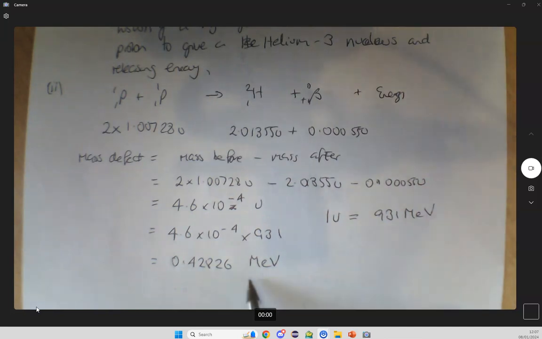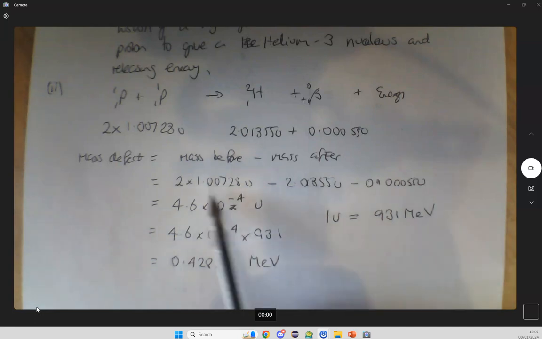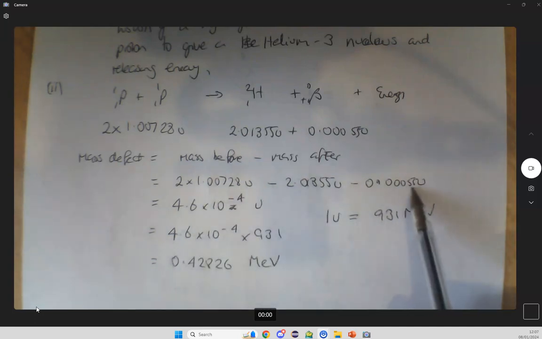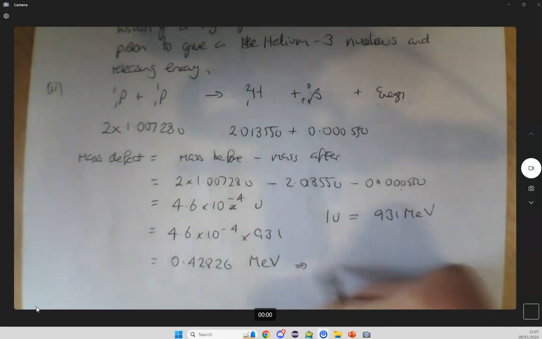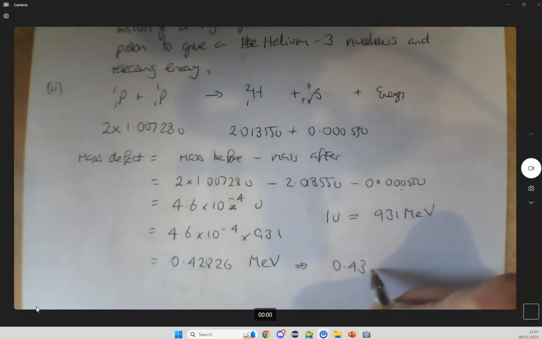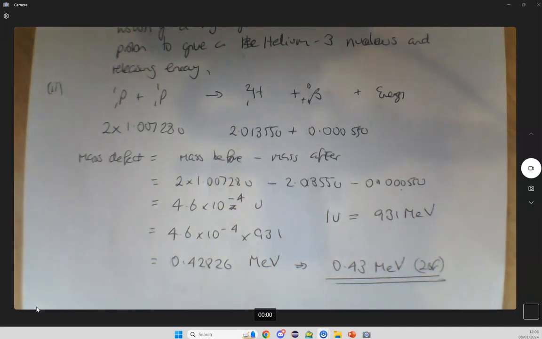If I look through this, you might argue that's only 2 significant figures, so on that basis I'm going to go for 2 significant figures. That means 0.43 mega electron volts to 2 significant figures, my least precise answer. So that's the first bit.